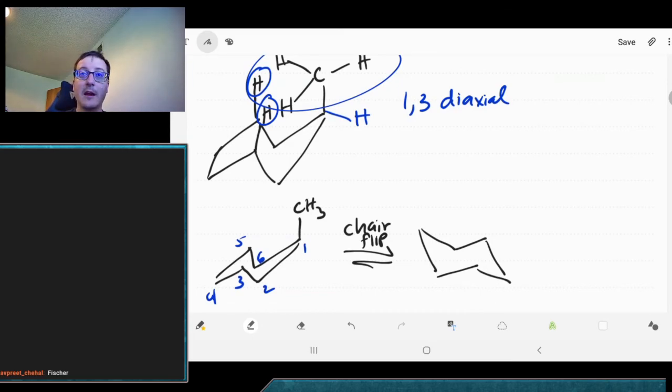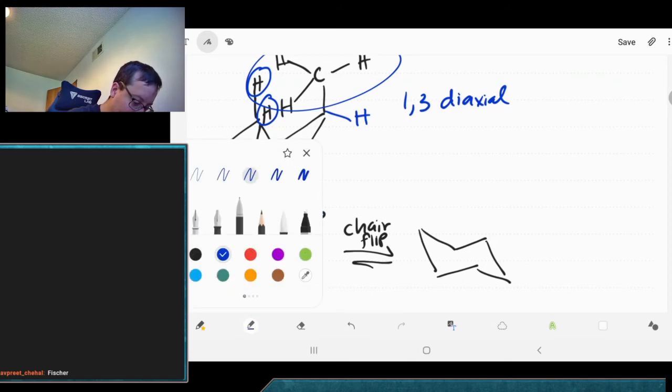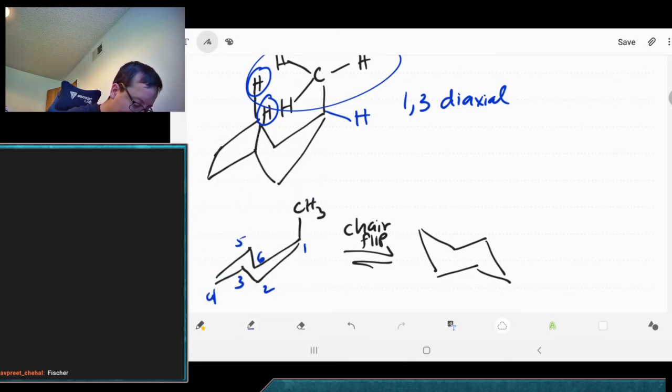And so now we see, okay, here's carbon 4. Now 4 is the one that's pointing up. Same numbers as before. That methyl group that was pointing up will still point up, this time as an equatorial.